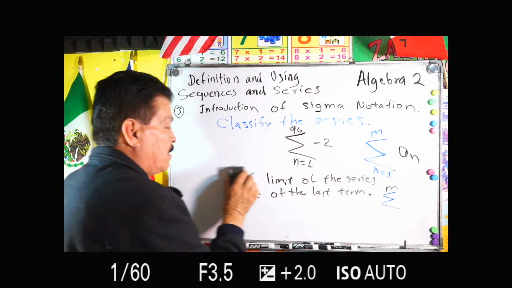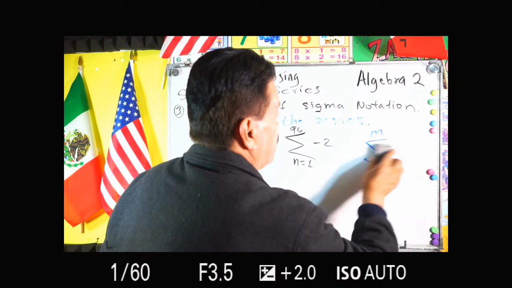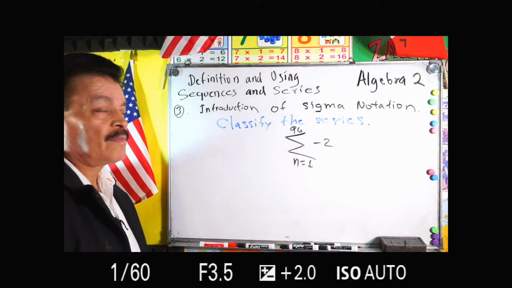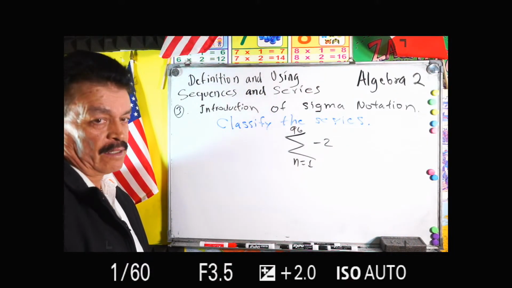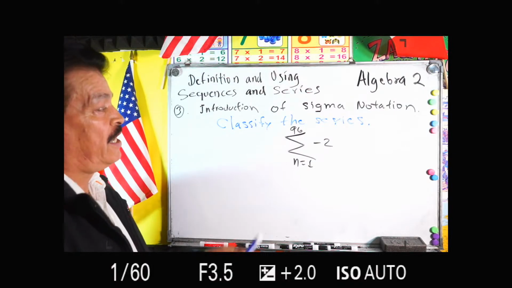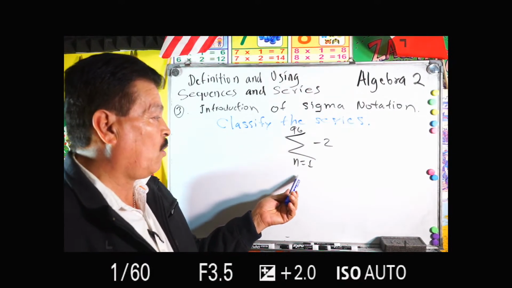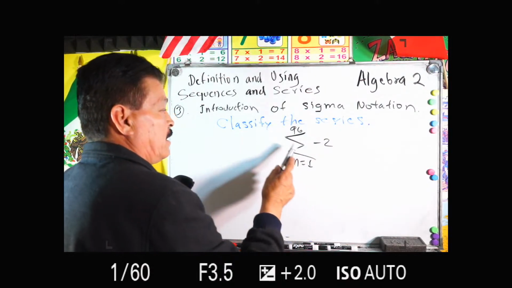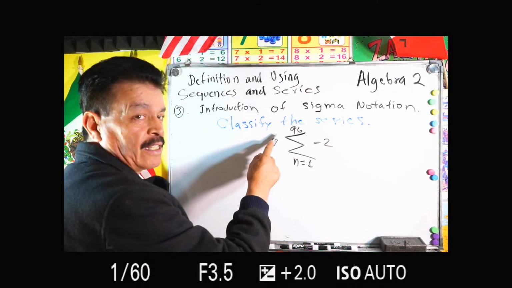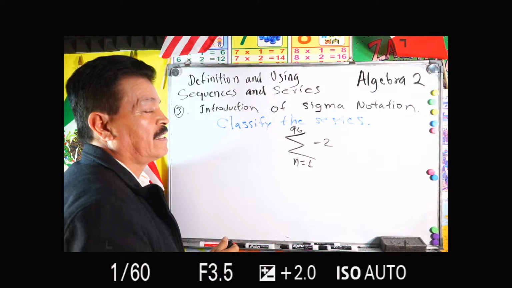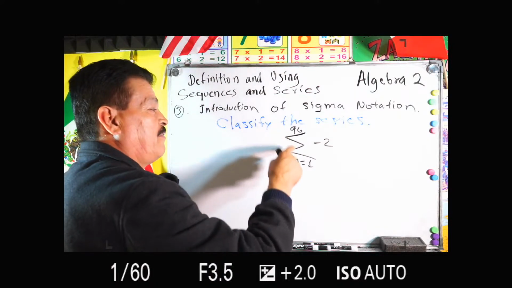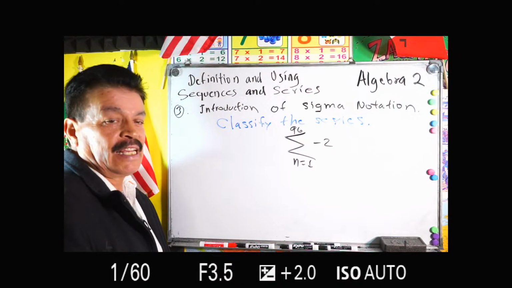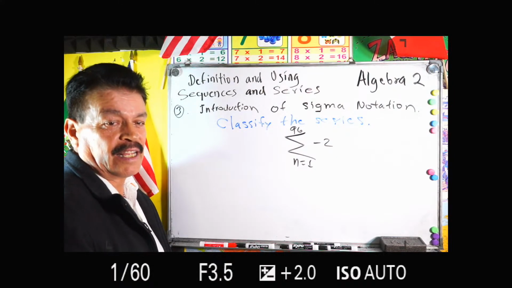Okay. Let's solve this problem. We have that problem right there. Look at the series. So here, the lower index is n equals 1. The upper index is 96. That means this is a finite series. It is 96. The series is finite.